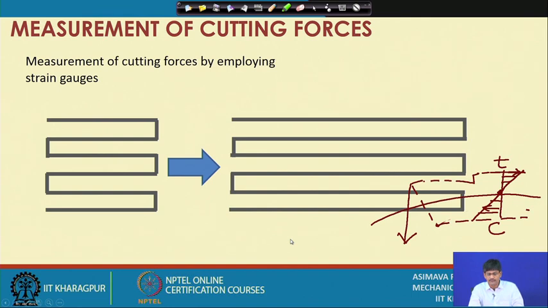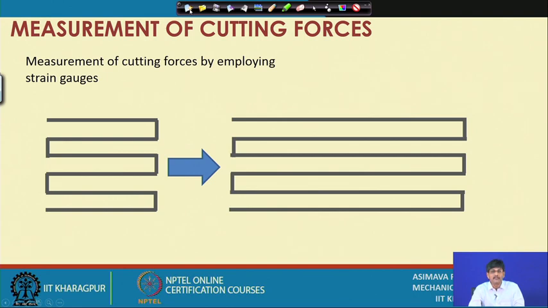First of all, if we want to measure strains, we can take the help of something called the strain gauge. How does the strain gauge work? I'll try to give you the idea in simple words. Suppose I have a simple shaft, or say a rod of whatever cross section. I start pulling it, and it will undergo a strain.